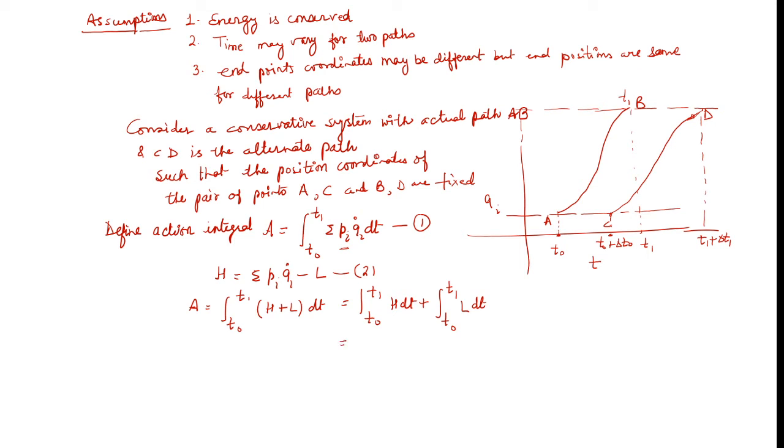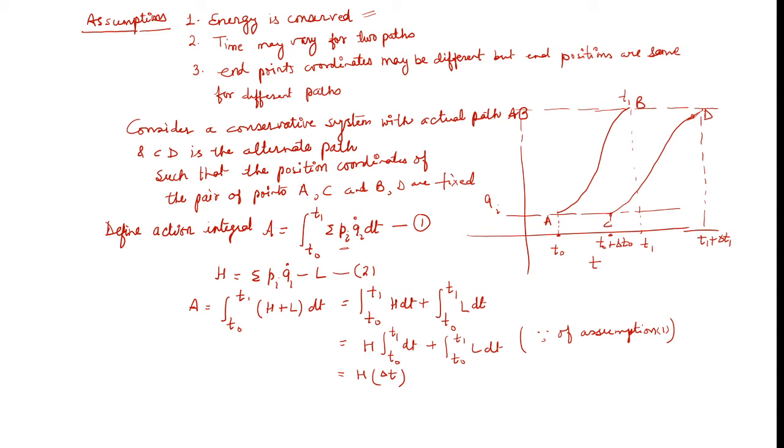Then you know that the first assumption is energy is conserved. So what about H? H will also be conserved. So H may be taken outside: H times the integral from t0 to t1 of dt, plus the integral from t0 to t1 of L dt, because of assumption 1. So I may write it as H delta T, because after solving it will be t1 minus t0.